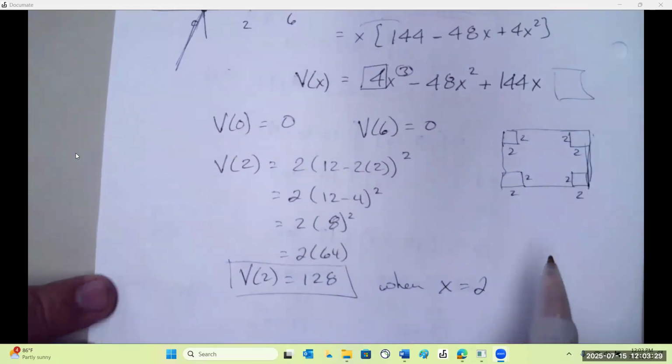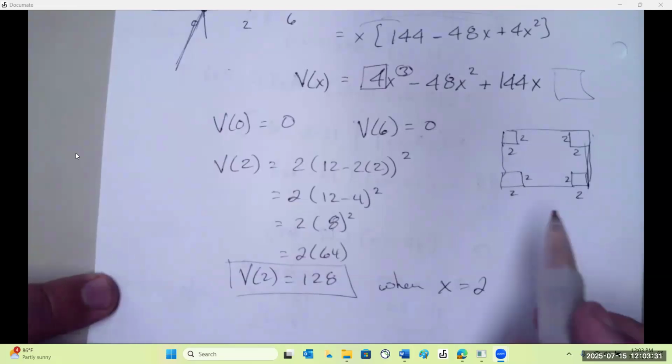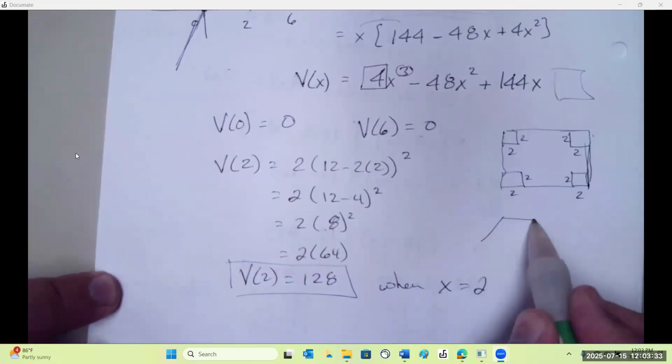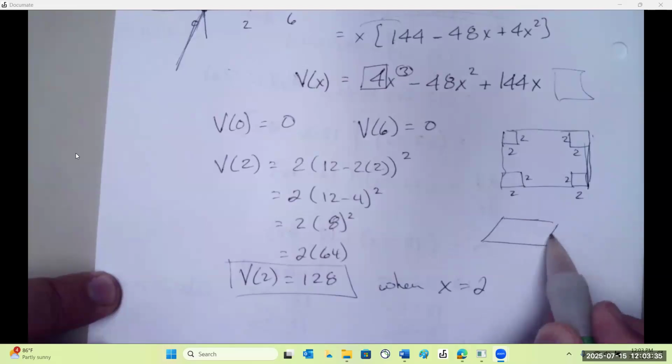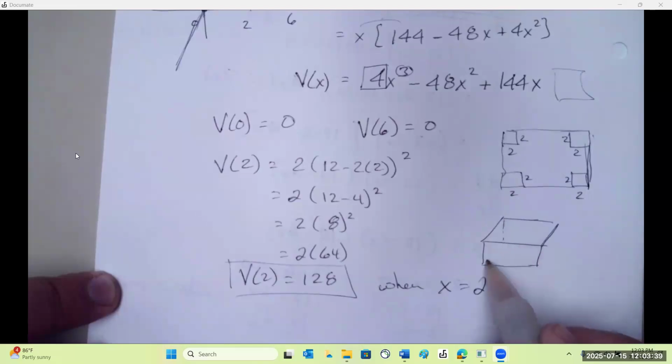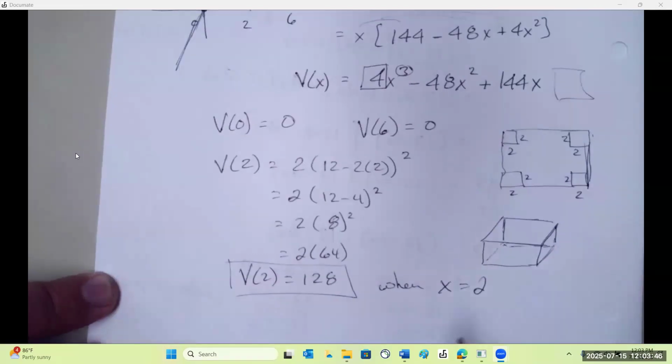So how wide is the box going to be? So what's our box going to look like? What are the dimensions of our box?